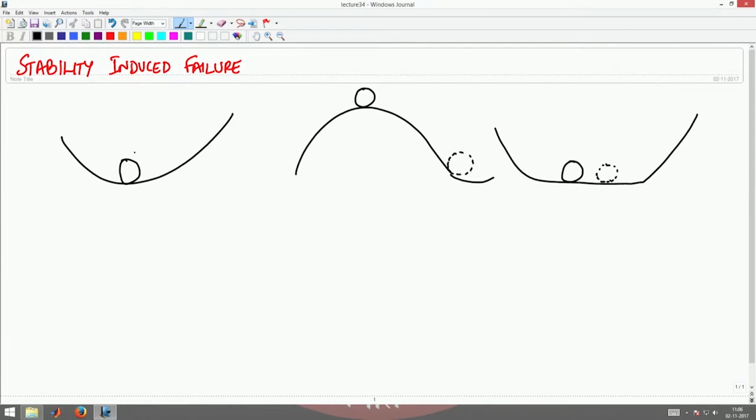Here, if I disturb it, it will come back to its original position. Here, if I disturb it somewhere here, it will return back to its original position. So you want the body to be in this state, which is called the stable equilibrium state.